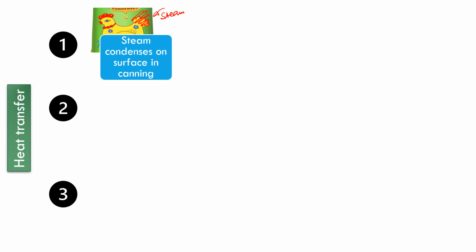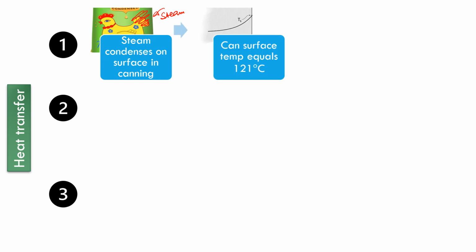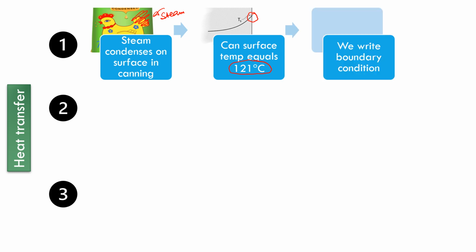can maintain, because of the phase change process, a temperature close to the steam temperature. And therefore, the condition on the surface can be maintained at the steam temperature, and so this is always that steam temperature.